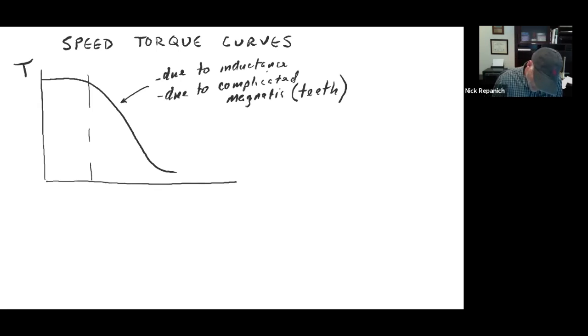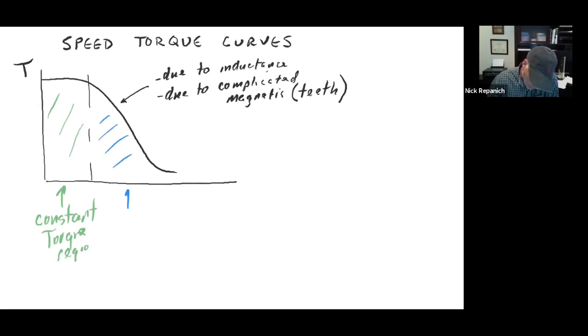We've got this area here, which is typically referred to as the constant torque region, not surprising. And what do you think this would be? What do you think is more constant as the torque drops off and you increase velocity? What is likely staying constant?